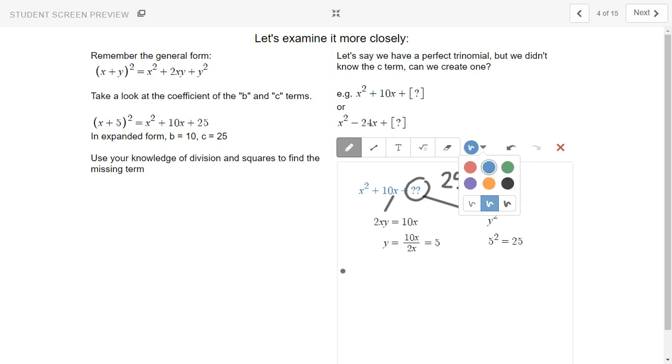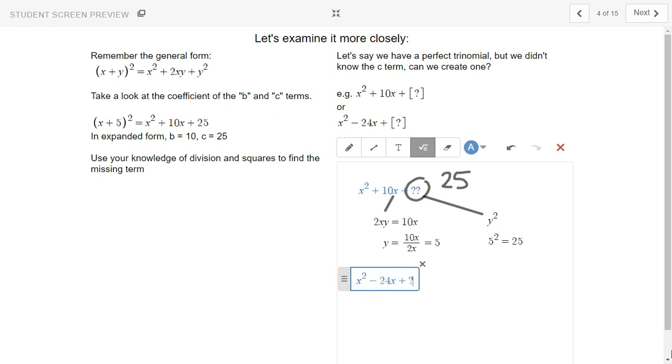Let's do the same thing for the second one. X squared minus 24x plus some number. We know that the middle term was created by negative 2xy, and we have negative 24x. So what is y? Let's rearrange it. We have y is equal to negative 24x divided by negative 2x. Y is equal to 12.